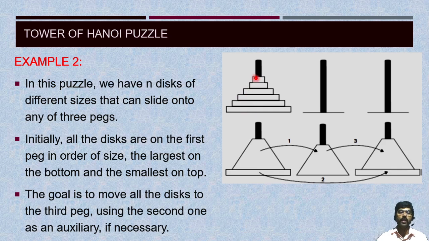This is the initial condition. Now the goal of the game is very simple. We have to move all these discs from peg 1 to peg 3 by using peg 2 as auxiliary.